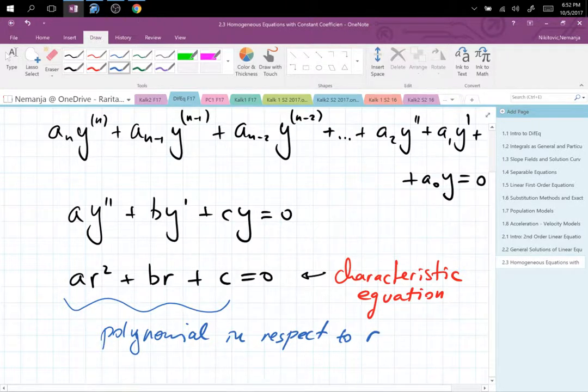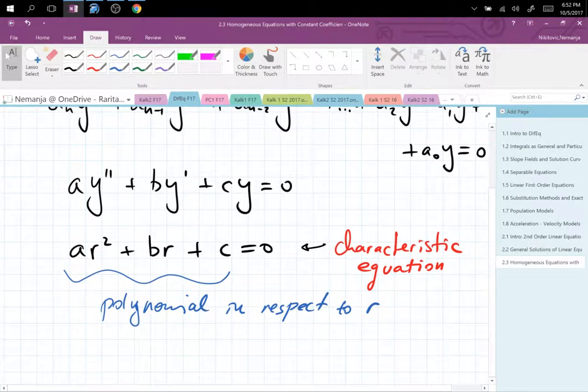And r is in the exponent of your solution for the differential equation, because we got this by assuming the solution y equals constant c times e to the rx. So clearly, by just factoring this or using the quadratic formula or whatever other witchcraft you know to solve this equation, you will get those r's. And as I said, those r's are either real, complex, or repeated reals.